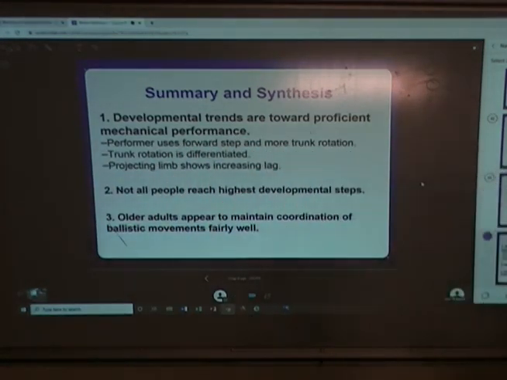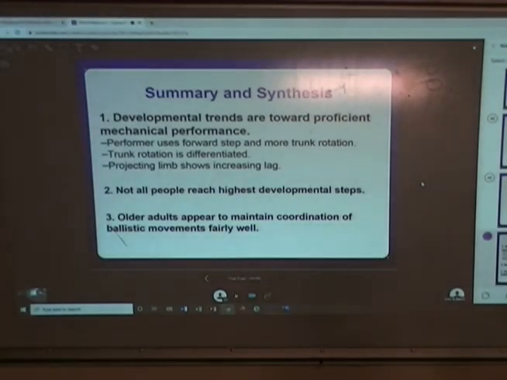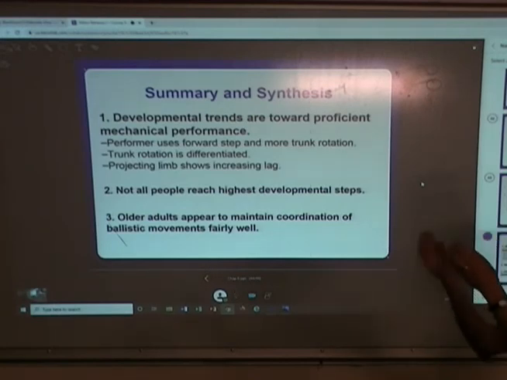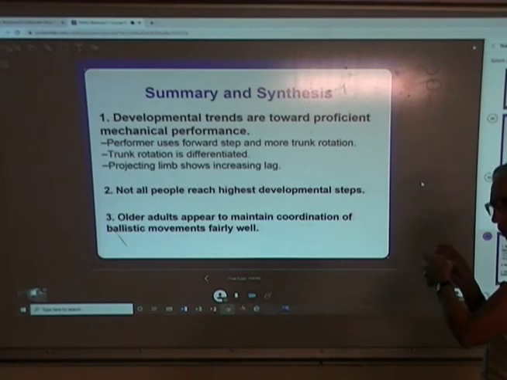Okay? It's important to understand these skills are not automatic. It's not like walking or even running, right? Which are, and even jumping to some extent, right? Our locomotor skills are much more hardwired up to a point than our object control skills are.